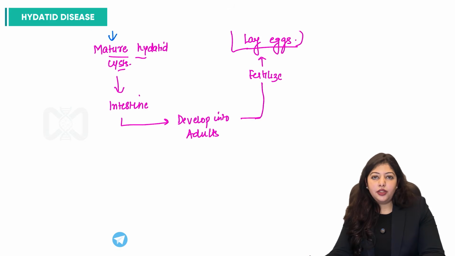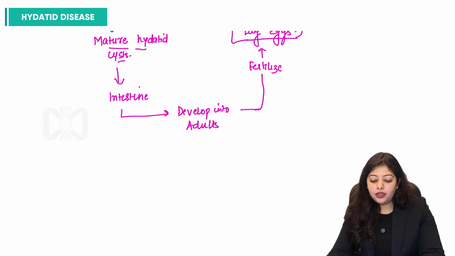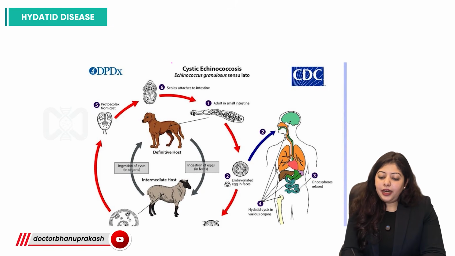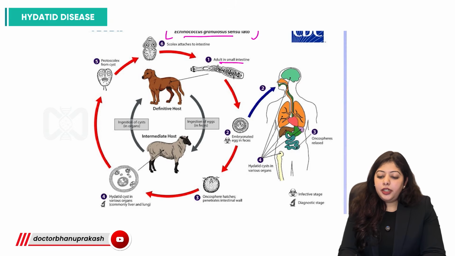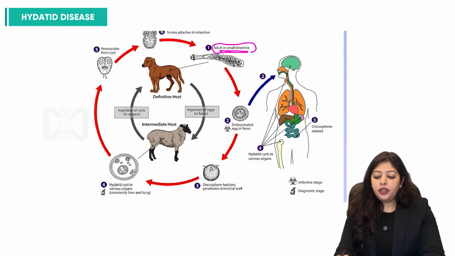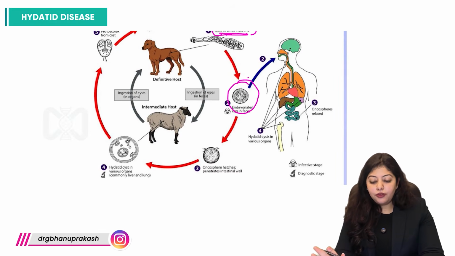So how the eggs are consumed and how they are converted into cystic forms, we can now easily understand from the life cycle. The adults are present in the small intestine of the dogs. They are going to lay eggs. These embryonated eggs would be present in the feces.